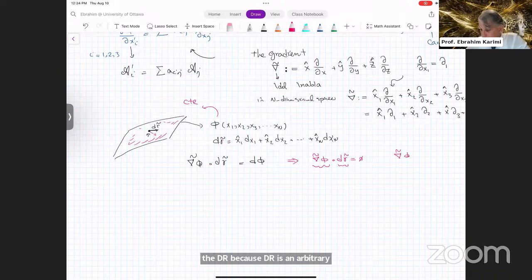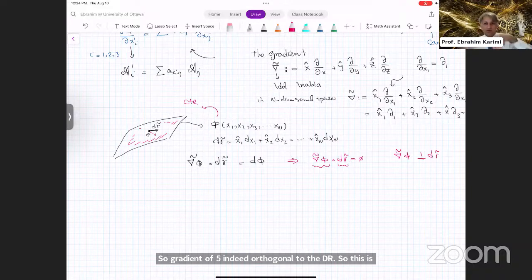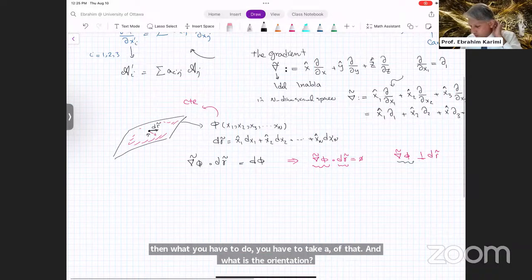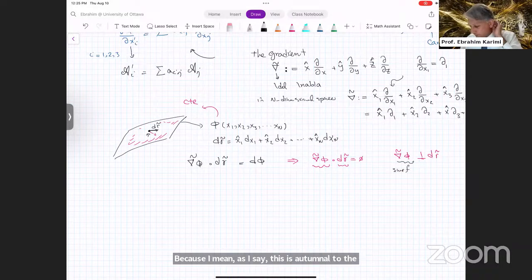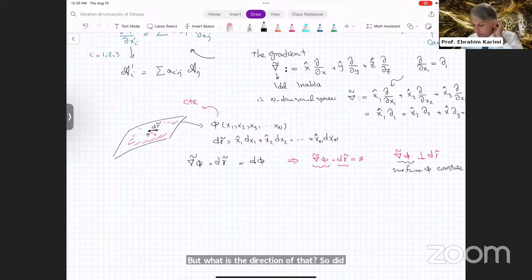So gradient of phi is indeed orthogonal to dr. This is the way you find a normal to a surface: you assume the surface, you write the equation, and then you take the gradient of that. And what is the orientation? As I say, this is orthogonal to the surface of phi constant. But what is the direction of that? As you recall from last time, the direction will be towards greater phi.